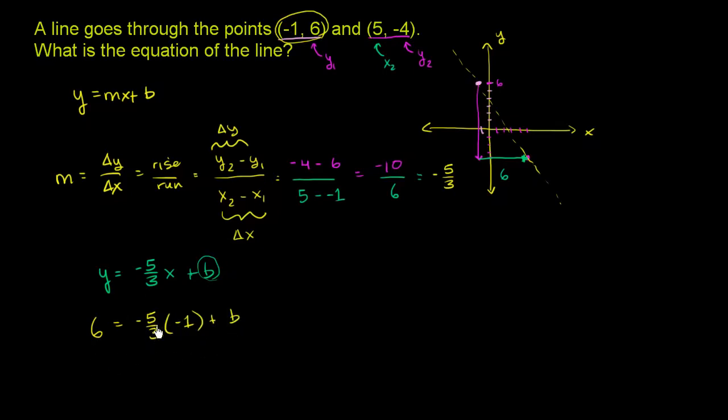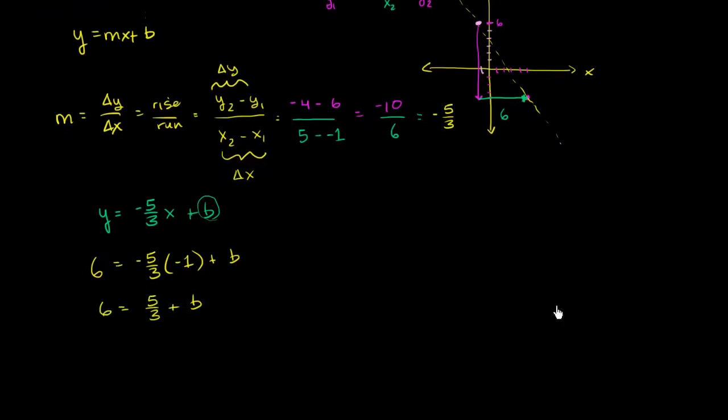So -1 times -5/3 gives us 6 = 5/3 + b. Now we can subtract 5/3 from both sides of this equation. So what's 6 minus 5/3?